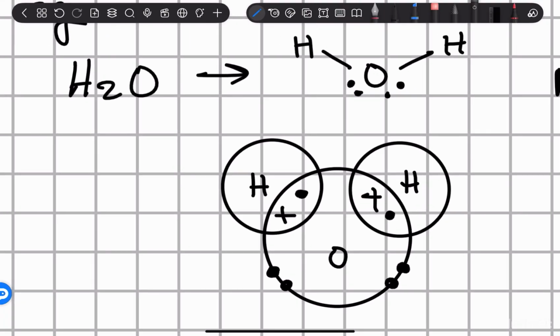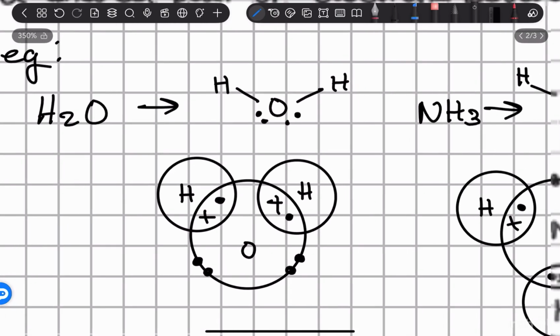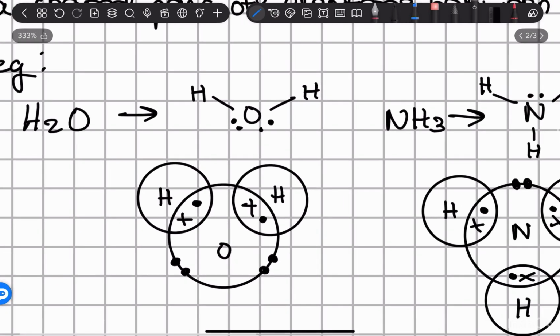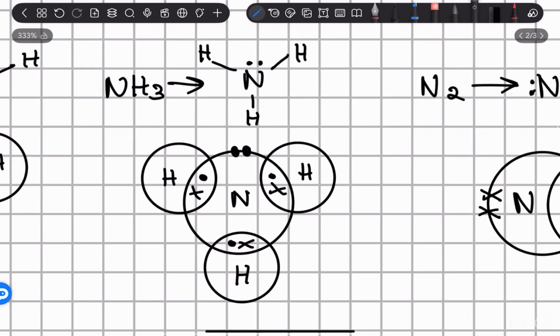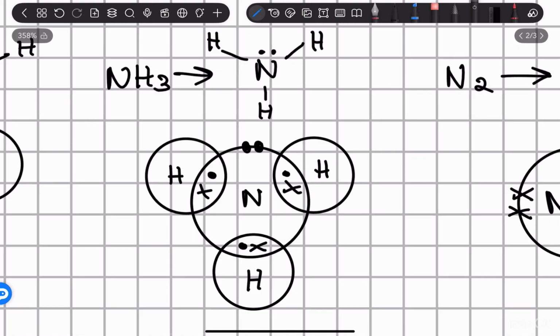So in water, hydrogen has one electron and oxygen needs two, so it takes two electrons from two hydrogens to complete its octet. An octet is basically just a shell with 8 electrons. Ammonia, which is NH3: the nitrogen has a lone pair of electrons, so we have to draw that.